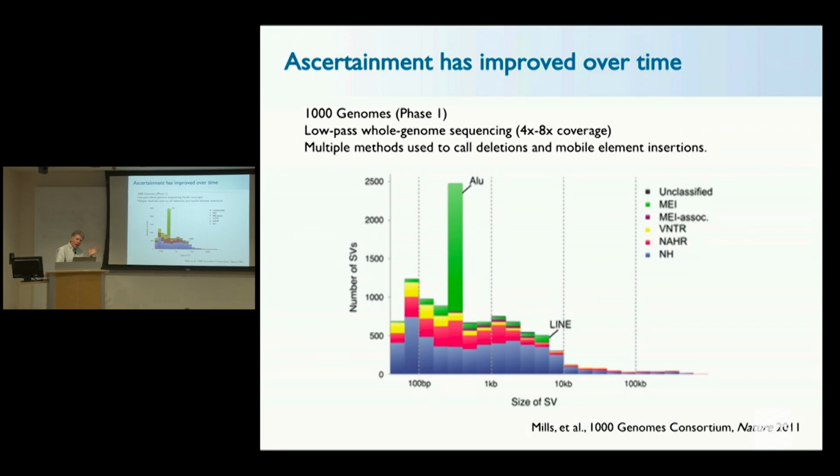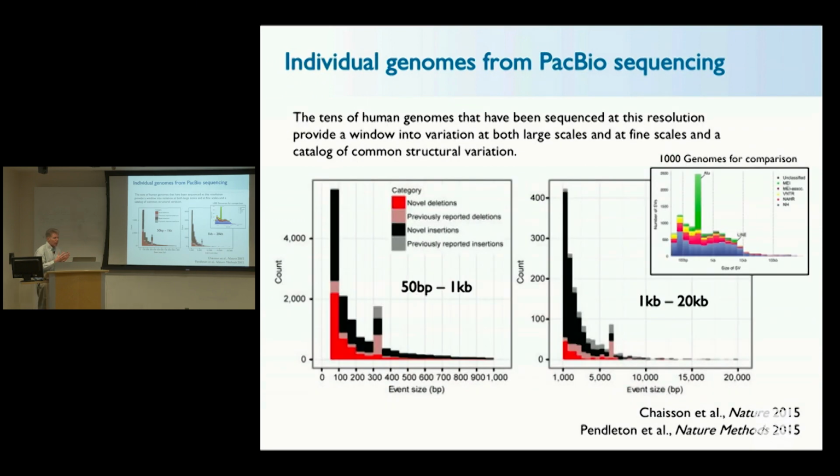But this picture is not completely right because we didn't have complete ascertainment. If we look today at what we can see from a few genomes done at very high resolution with long read sequencing, we can say more about what the true spectrum of structural variation looks like.